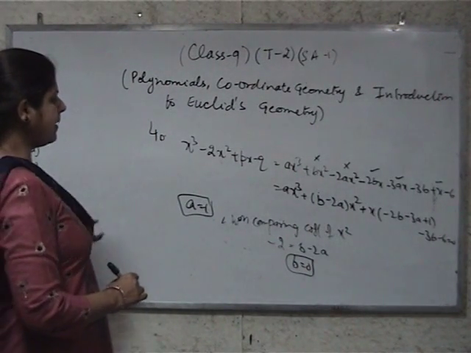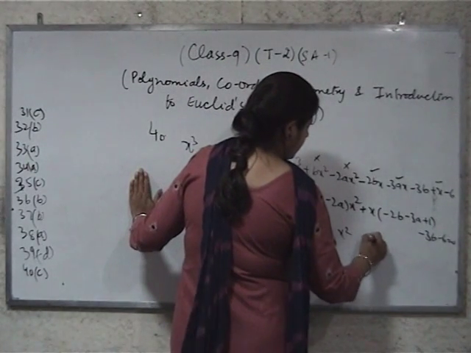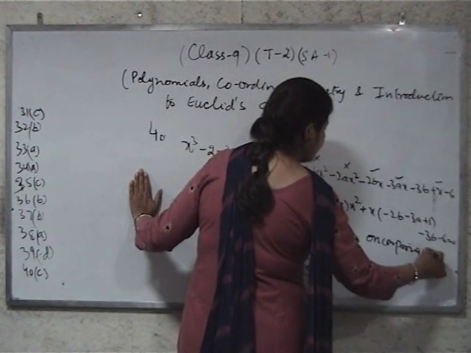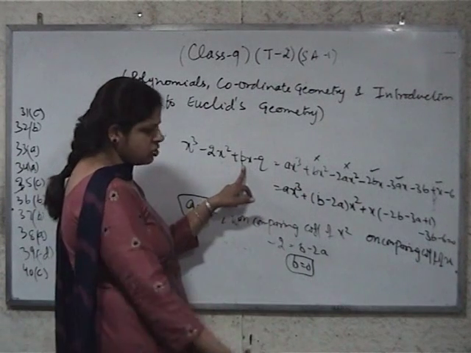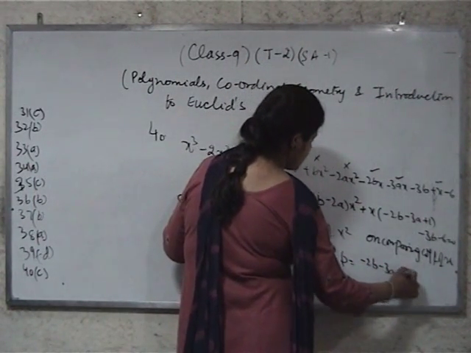Next, on comparing the coefficients of x, see what I get. Here the coefficient of x is p, which is my requirement, and here it is minus 2b minus 3a plus 1.